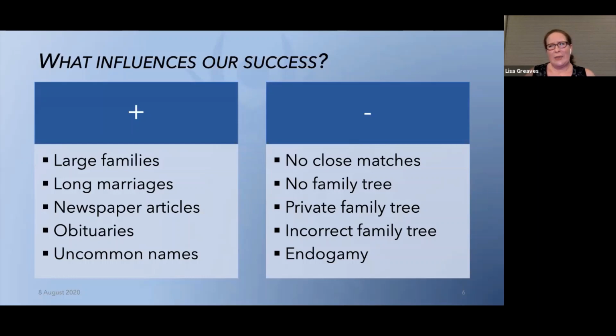And so that's what you want to keep in mind, depending on how far away the ancestor is that you're looking for. If you're looking for a grandparent or a great-grandparent, you probably don't want to mess around with fourth cousins, because that's just going to cause you a lot of extra work. You want to use more recent cousins if you can find them.